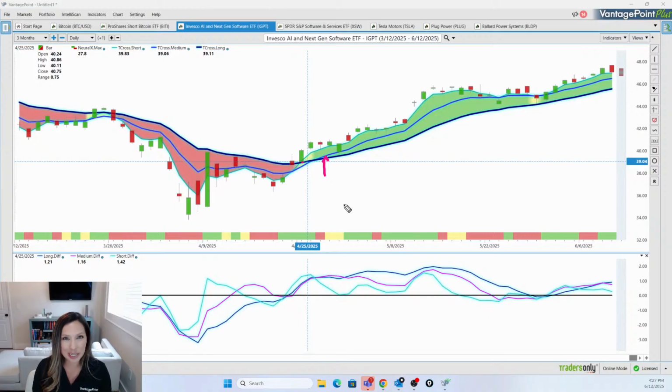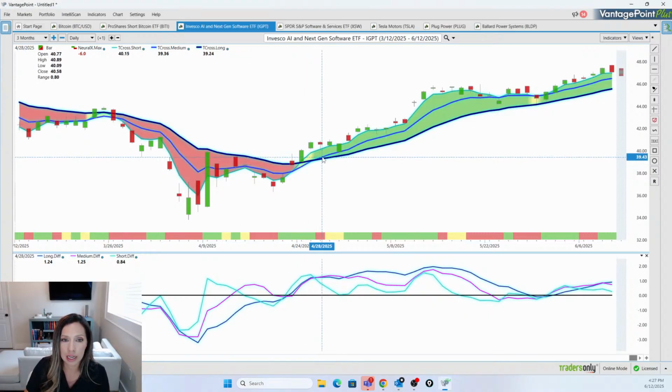Typically that means the trend is moving in your favor as well. So maybe here your position management strategy is to add to a position, right? Or maybe you are taking profits if you are in quick short-term moves. That's completely up to you. But if you want to stay in this trend for longer expectations, then the triple cross has got your back right here, providing the data that you need to have a lot of confidence in staying in that position.